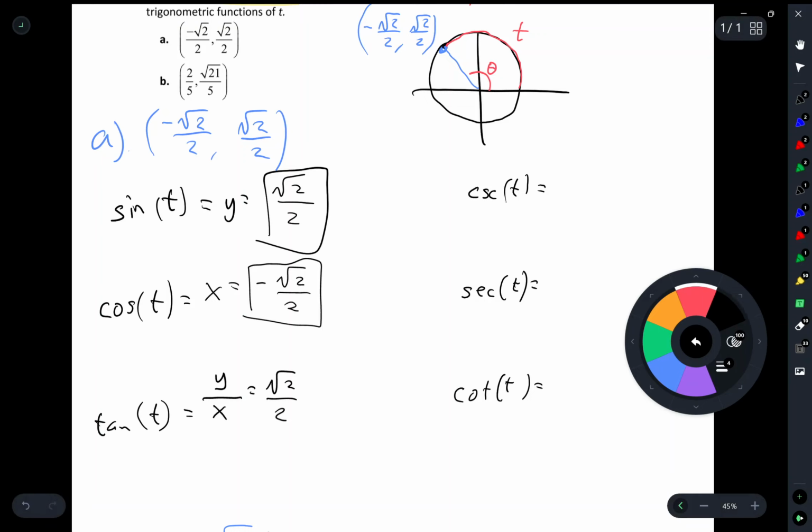Reciprocal means switch top and bottom in the fraction. And when you do that, these end up reducing to 1. So don't forget that there is the negative sign right there. It's easy to forget that. Tangent of t equals negative 1.